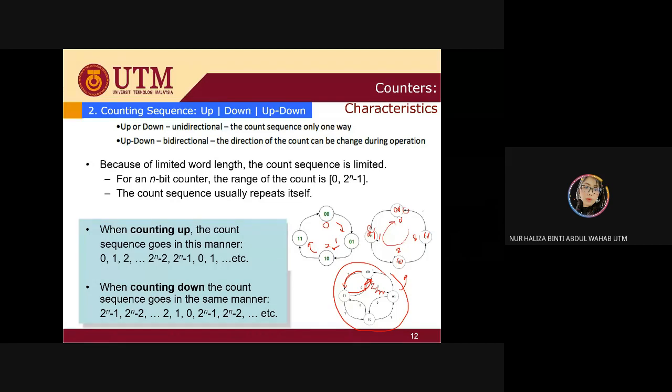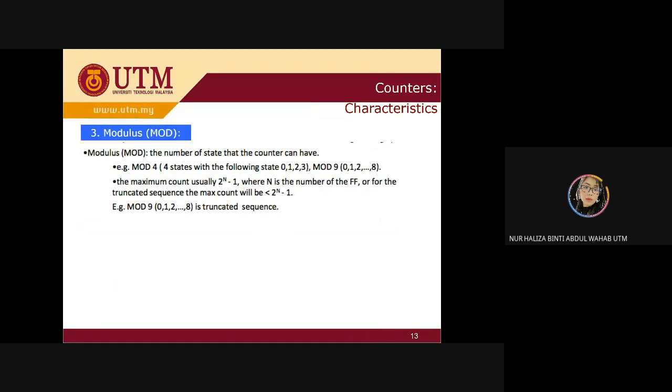Now that is about sequence counting. You can also have the modulus mode. So what is the mode? Mode depends on the number of states that you have. If you have something like this, I just give you an example, don't look into the value.